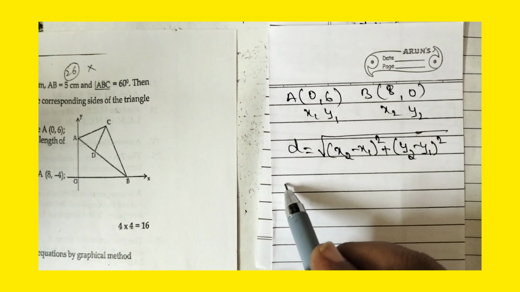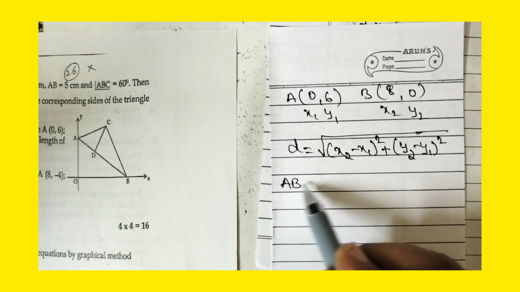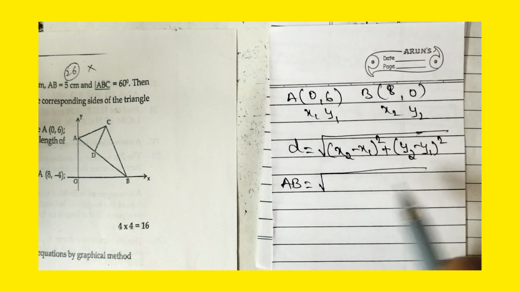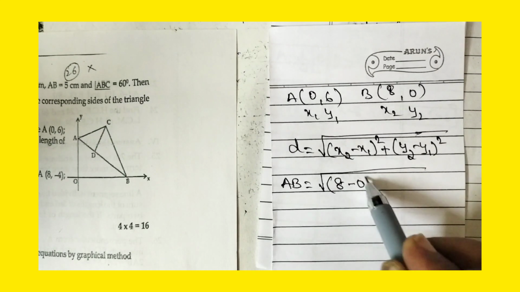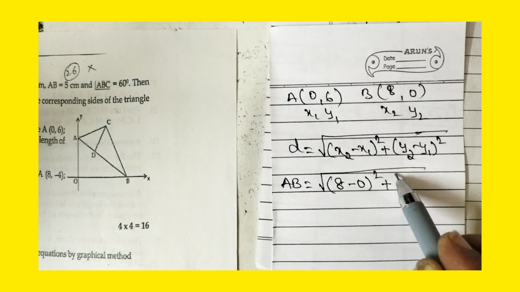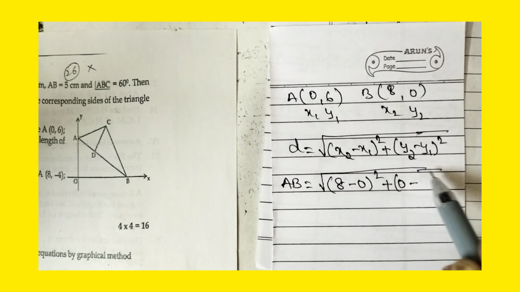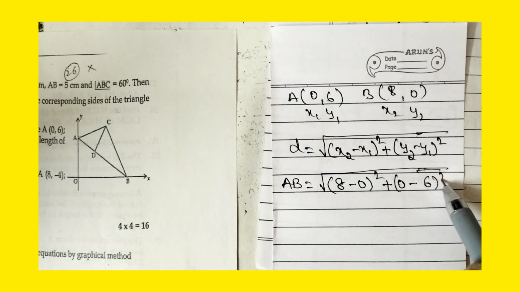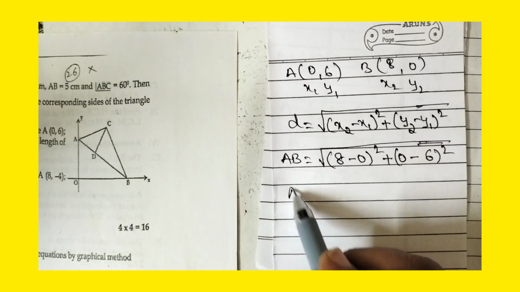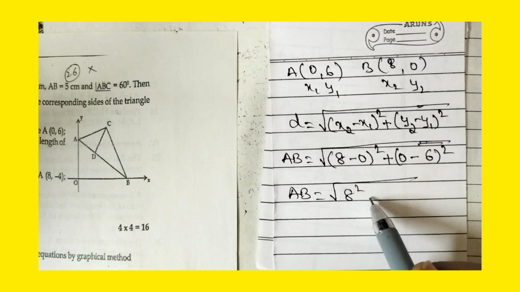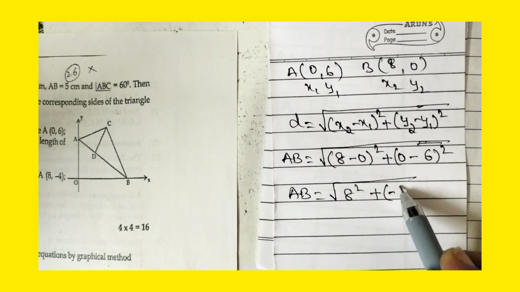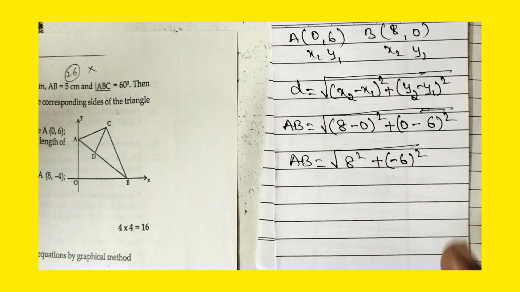So AB is equal to square root of 8 minus 0 whole square plus 0 minus 6 whole square. So AB is equal to square root of 8 minus 0 is 8 squared, plus 0 minus 6 is minus 6 whole squared.